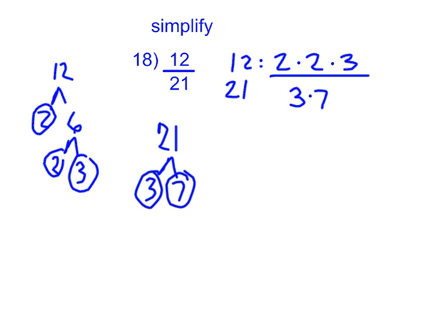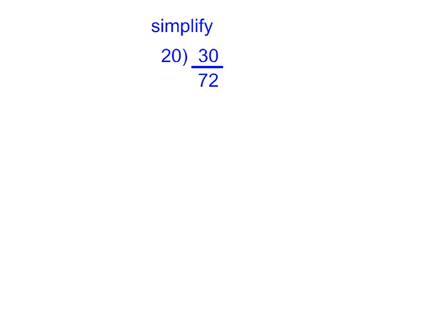And so what you do is you cross out what's shared, and then you multiply what's left. So 2 times 2 would be 4, and then the denominator would be 7. And so simplified, 12 twenty-firsts is simplified to 4 sevenths.